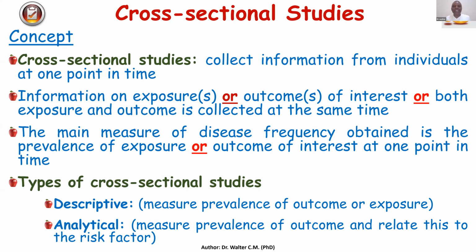So you collect data at a single point of time, and sometimes you may collect information on the exposure. The exposure means the predictor, the factor. And then you can also collect data on the outcome of interest, maybe teenage pregnancies. That is an outcome of interest.